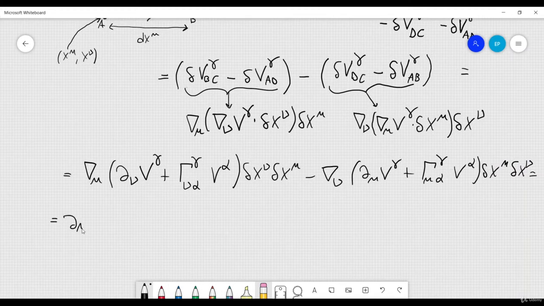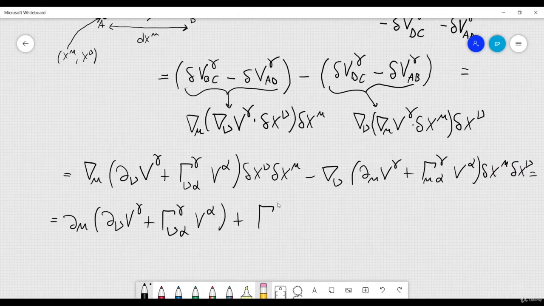We have partial with respect to mu of del nu V gamma plus Christoffel gamma nu alpha V alpha. And then we have plus Christoffel symbol gamma beta mu del nu V beta. So I'm calling beta this index here. We have to sum over beta, of course, and gamma will appear here in the Christoffel symbol.